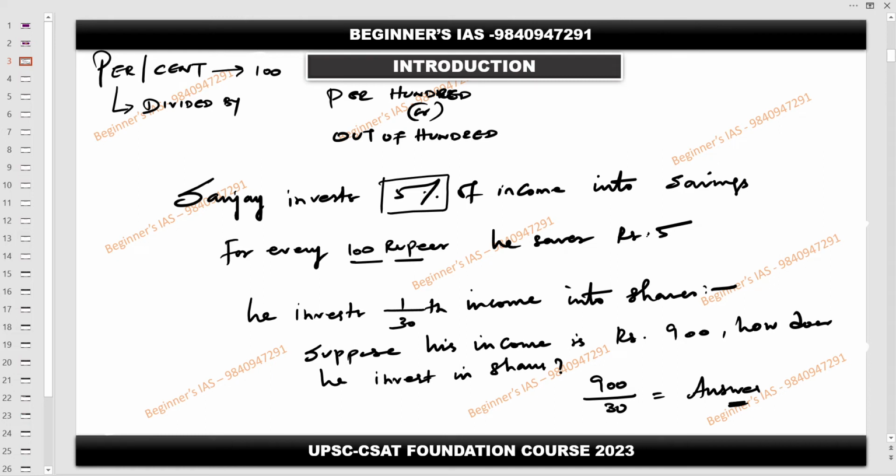Fine. In this type you do not have to convert in terms of 100. It is clearly mentioned that 1 by 30th of the income is going to be the share. His income here is 900 rupees, therefore 1 by 30th of that income is going to be the investment in the share.